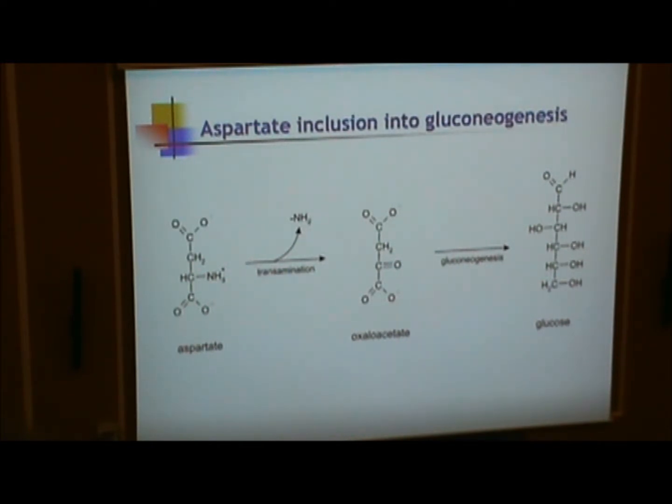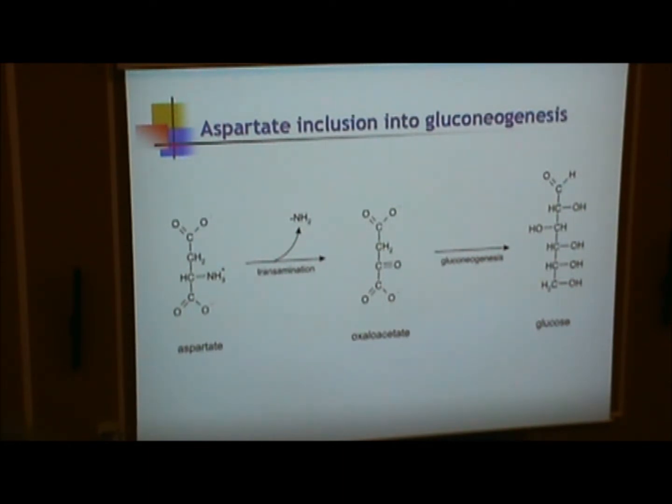At the beginning, let's look at the metabolism of glucogenic amino acids. The typical glucogenic amino acid is aspartate. Aspartate is submitted to transamination. The amino group is removed and transferred to a keto acid, and the aspartate is converted into oxalacetate.